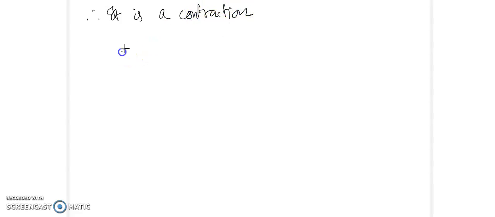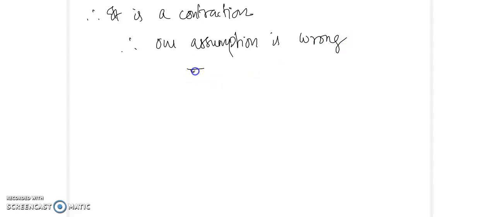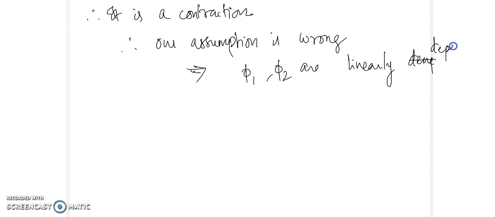Therefore we started with the assumption that they are linearly dependent, so our assumption is wrong. That implies phi 1 and phi 2 are linearly independent.